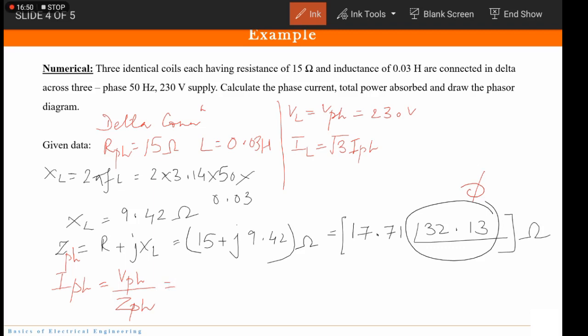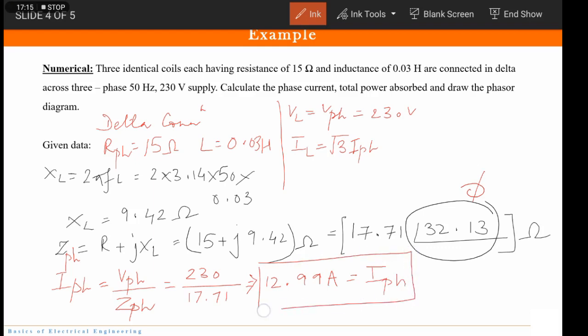In delta connection, phase voltage is the same as line voltage. So it is 230, and we take the magnitude of ZPH in polar form, which is 17.71. So the phase current comes out to be 12.99 amperes. This is phase current. This is one answer.